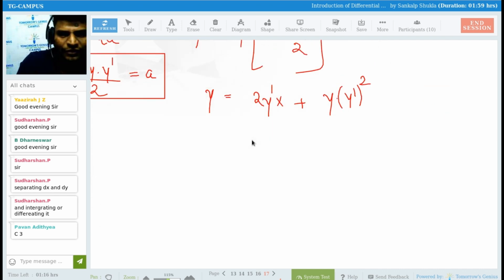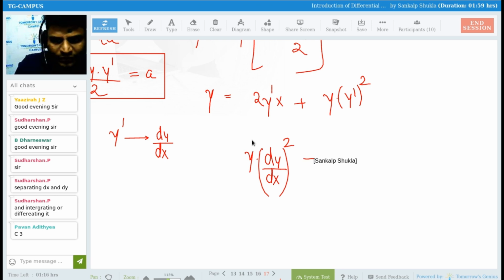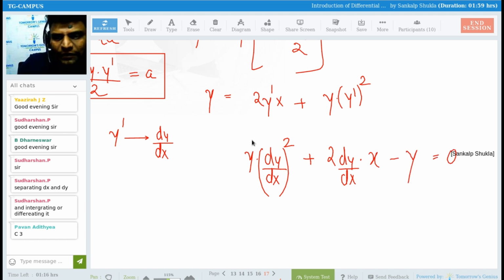Okay, so now this is the answer. Now replace y dash with dy by dx. So this will become y into dy by dx whole square, plus 2 dy by dx into x minus y is equal to 0. This one is my answer.